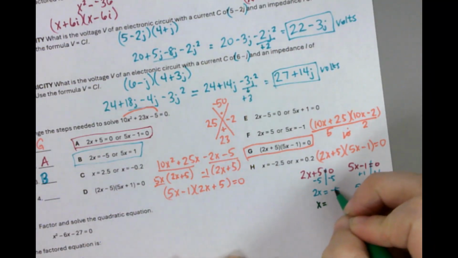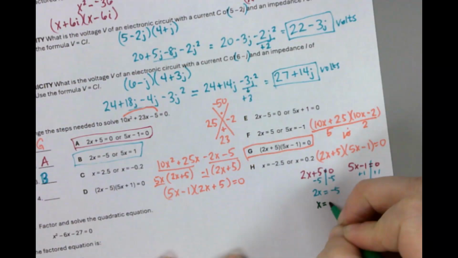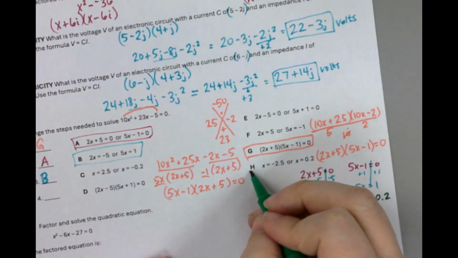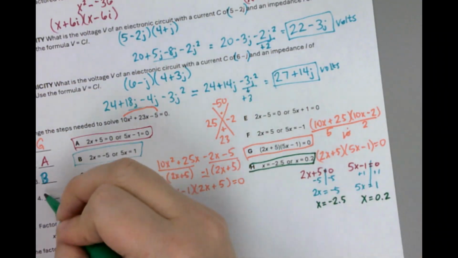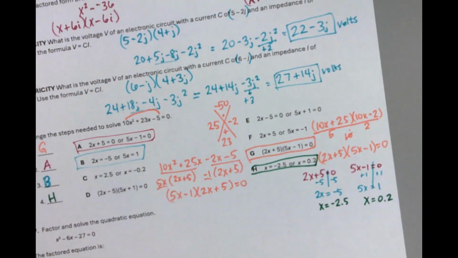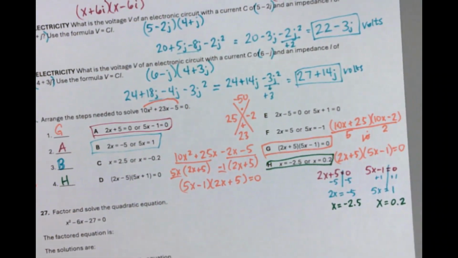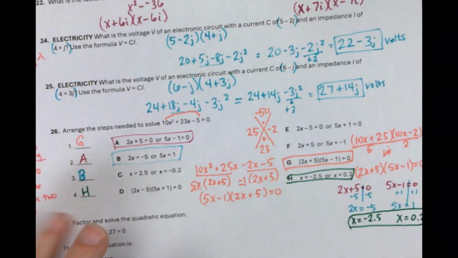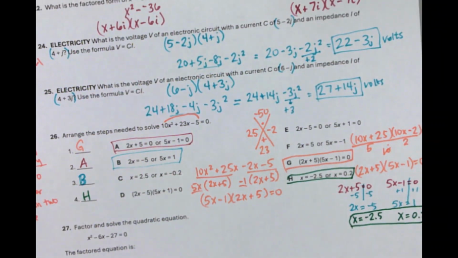X equals negative 5 over 2, which is negative 2.5. Divide by 5. X equals 1 over 5, which is 0.2. So we have H. So these are our solutions. That was the multiple choice piece of it, which you won't really have to know how to do.